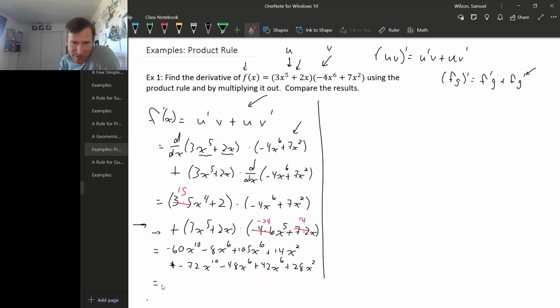Okay, so putting this all together, we have negative 60x to the 10th, and then, oh, sorry, here's more x to the 10ths down here.